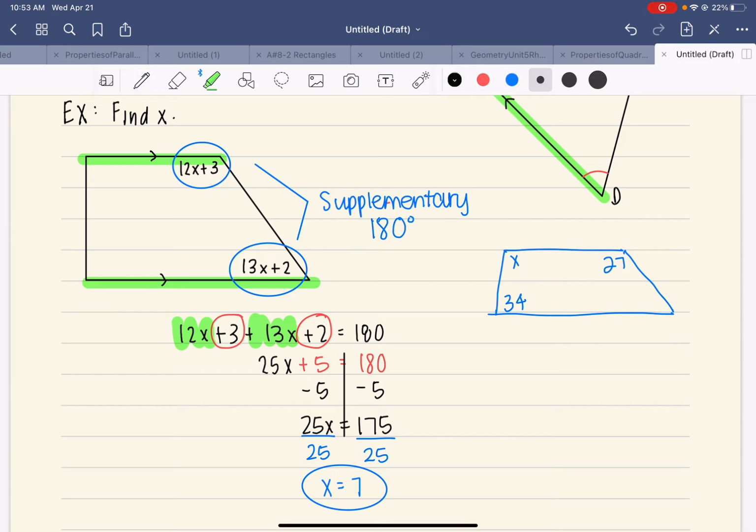Okay, well, because x and 27 live on the same line, these are not what you're going to add and set equal to 180. These two, because they are on the same leg of the trapezoid, they don't belong to a base, okay? They don't belong to the same base is what I'm saying. These will add up and set equal to 180, okay?